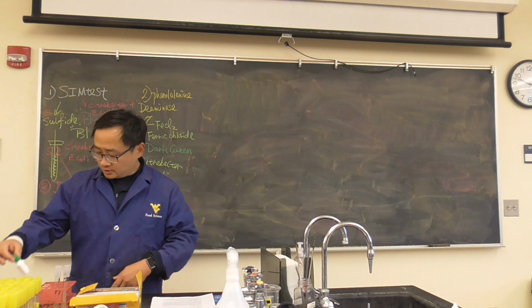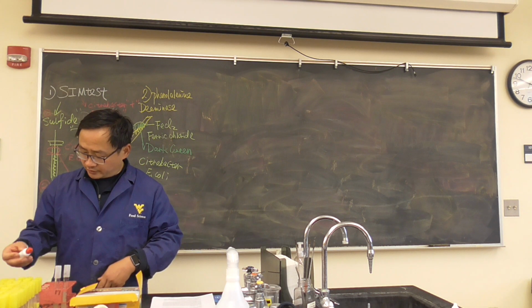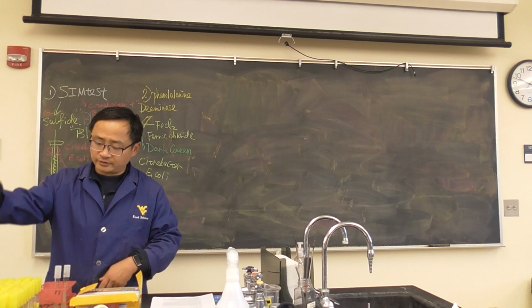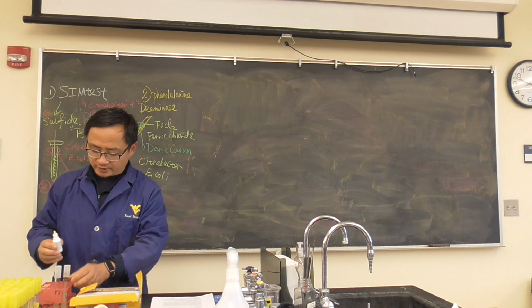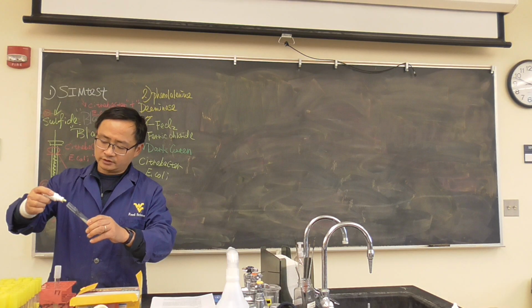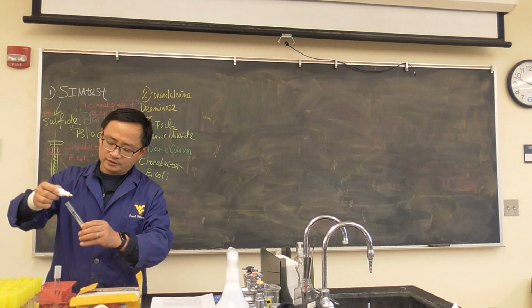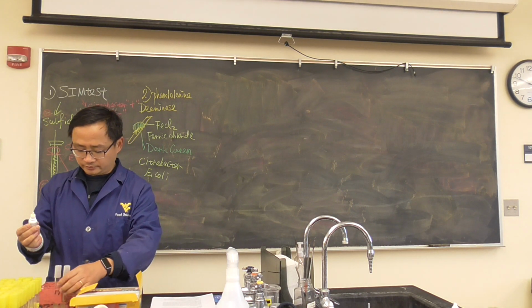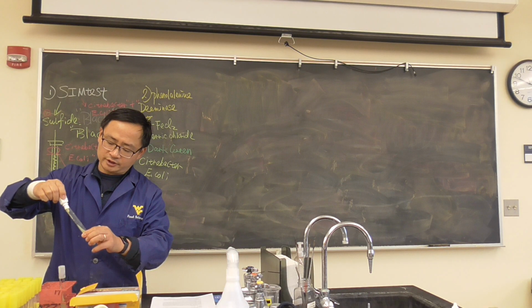So ferric chloride. We need to find it. Where is the ferric chloride? Okay, we had a ferric chloride. So what we do, we're going to add it to see what happens. We had a couple of drops there. Hopefully the results are good. Sometimes not good. Sometimes the results are terrible, because of the bacteria or because of the reagent.